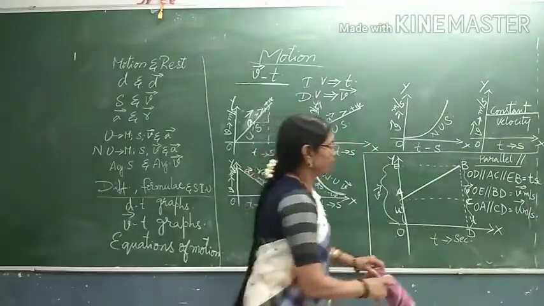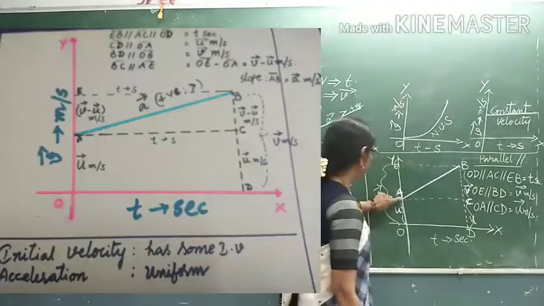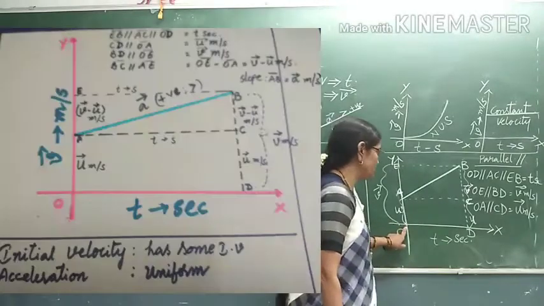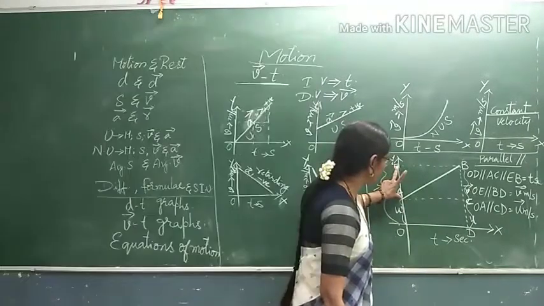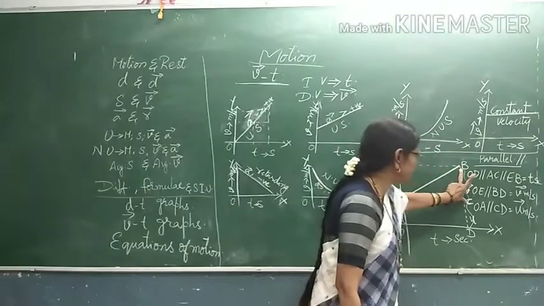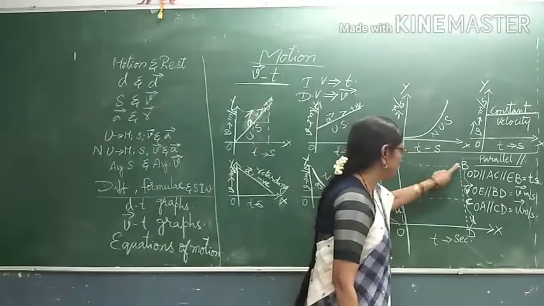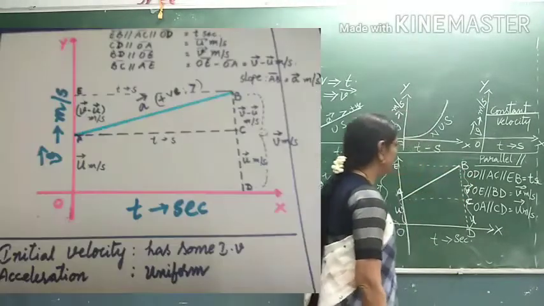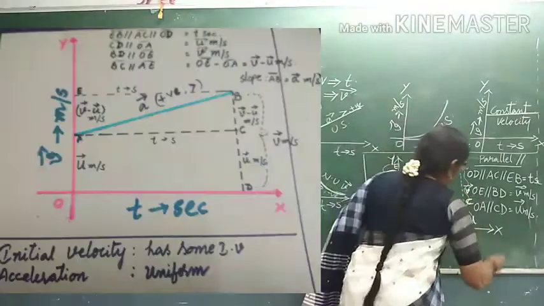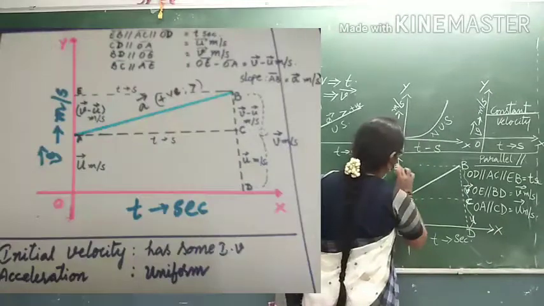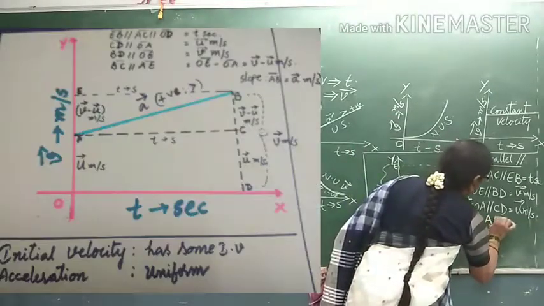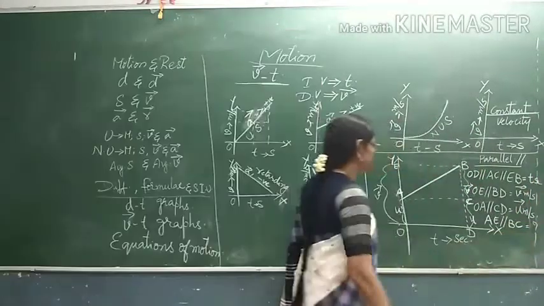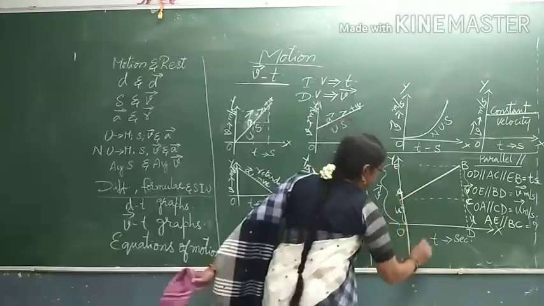Now you need to get this because the body is not starting from rest. So now the parallels you need to take for this also. What is this value? You need to get BC because you need to get the slope AB. To get the slope AB, this value you must know. So how will you get BC? BC is parallel to AE. How will you get AE?